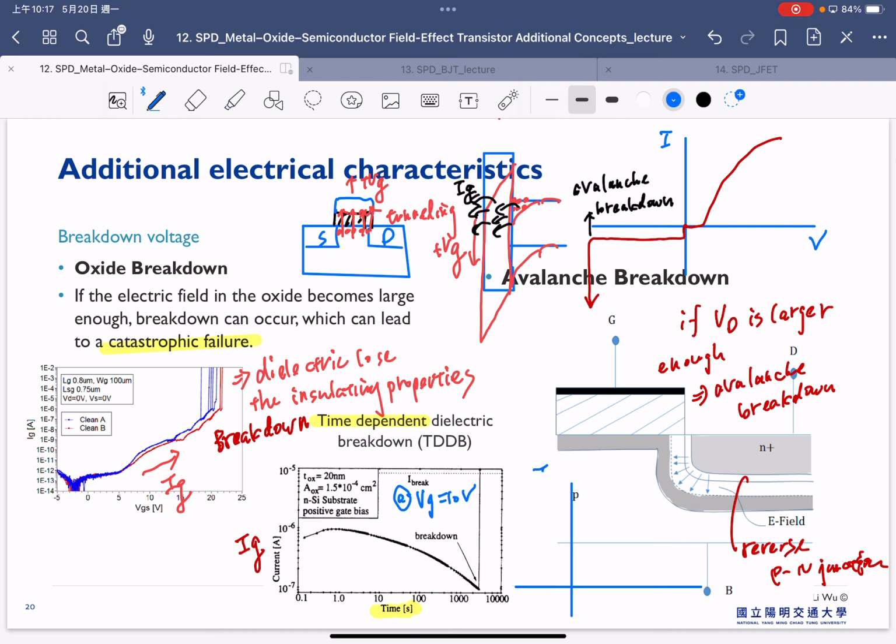This is ID-VD, but now it is under large VD. After VD is large enough, this is the case at VG 0 volt here. As long as VD is large enough, we can also expect there's avalanche breakdown.